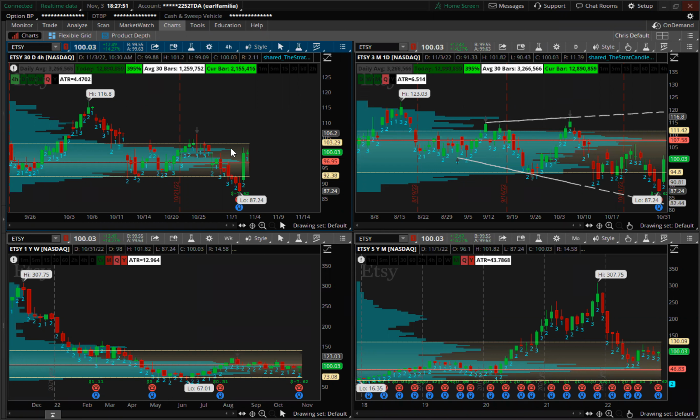So I just want to keep a look at it. There was afternoon consolidation. It doesn't give me the warm and fuzzies, like we've got to jump into this one. But it did have a very strong day today, more so a very strong morning.